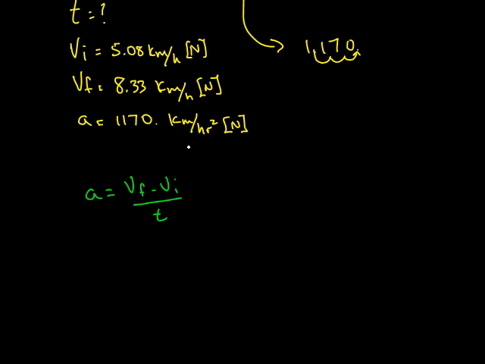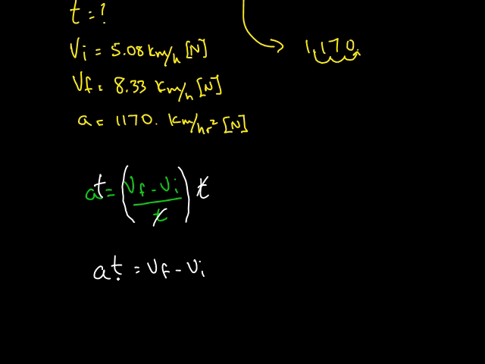To solve for t, if you can remember that these two guys can just swap positions, great, but I'm going to show you the math behind it. We multiply both sides by t to clear out that denominator, leaving us with a t equals Vf minus Vi.